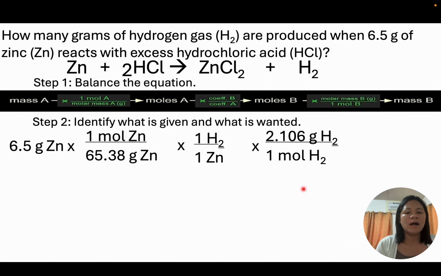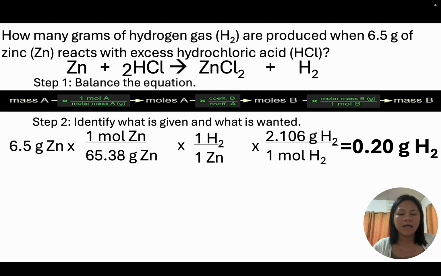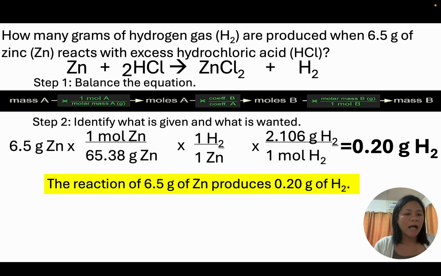If we compute this, 6.5 grams times 1 times 1 times 2.016 divided by 65.38 is equal to 0.20 grams of hydrogen. So the reaction of 6.5 grams of zinc produces 0.20 grams of hydrogen.